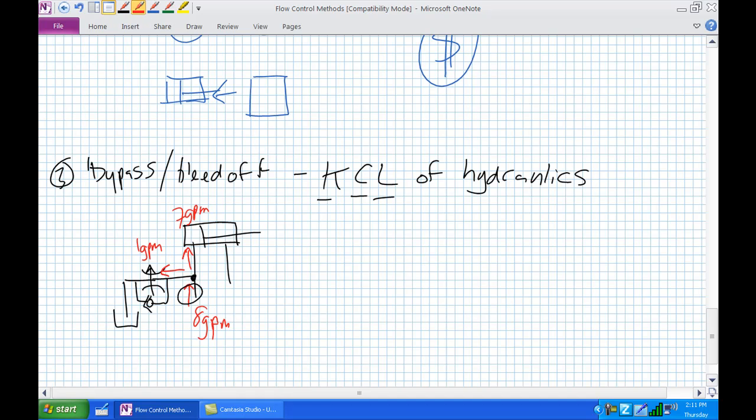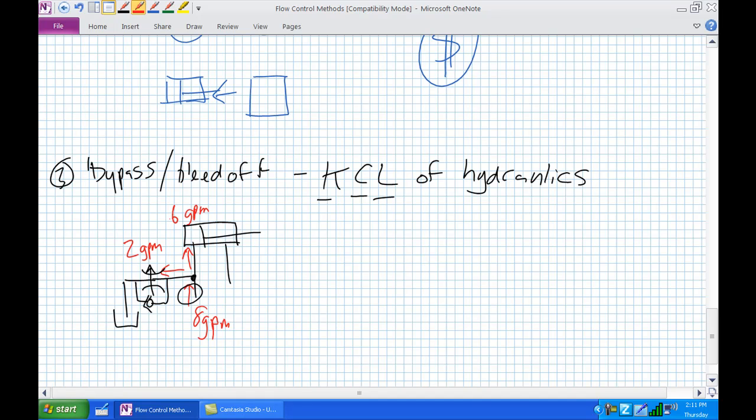Okay, and now let's say my pump is still at 8 gallons per minute, but I want to slow that actuator down. I want to slow the extension speed of that guy down. What do I do? Increase the flow rate back to the tank. And what happens is I proportionally decrease the flow rate available to that cylinder.